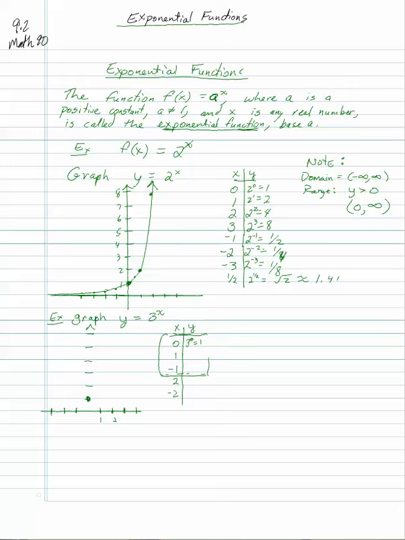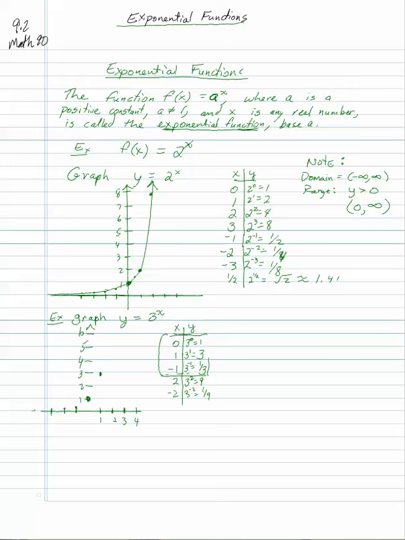Then 3 to the first power is just the base, 3. When we do negative 1, that's the reciprocal, so it's 1 over 3. If I did 2, that would be 9, which is off my chart. 3 to the negative 2 is 1/9, so it's real close to 0.